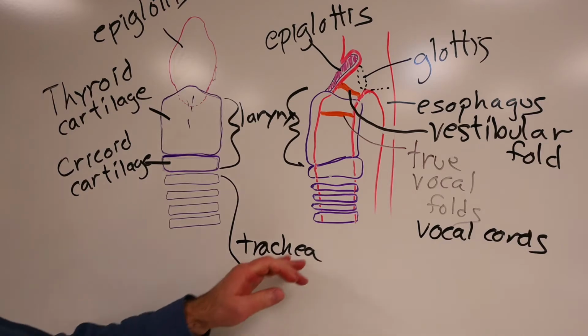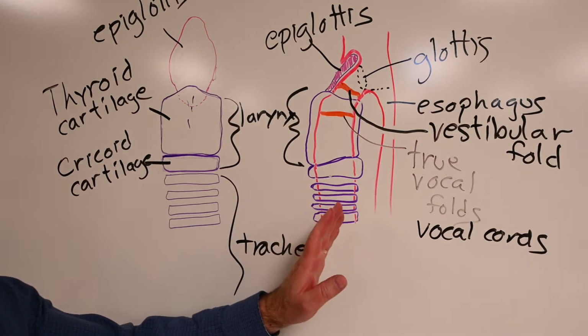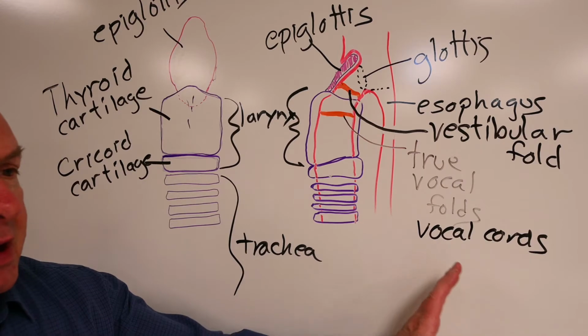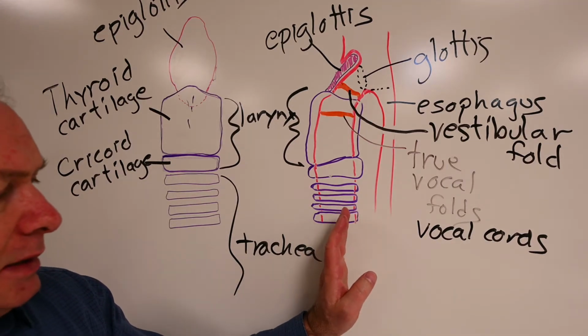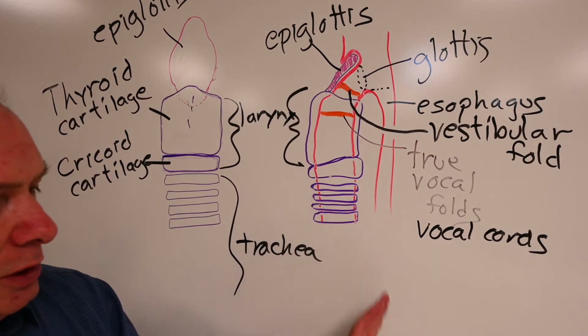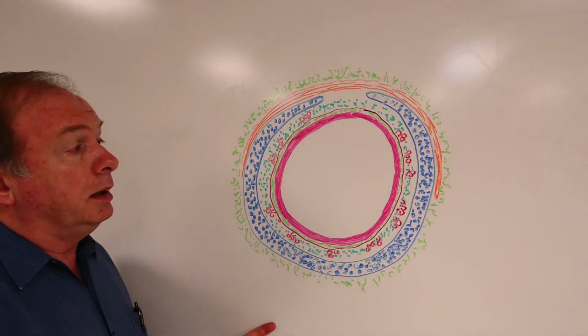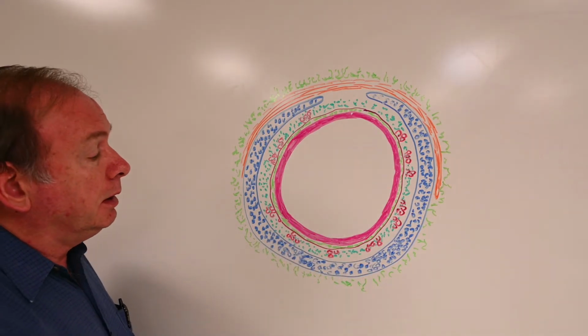The next thing we're going to look at is the histological construction of the tracheal wall. In a way similar to how we looked at esophagus, stomach, and intestines when we did the digestive system, here we'll look at the tracheal wall and the layers in the tracheal wall. In this picture, we'll be labeling layers of the wall of the trachea.